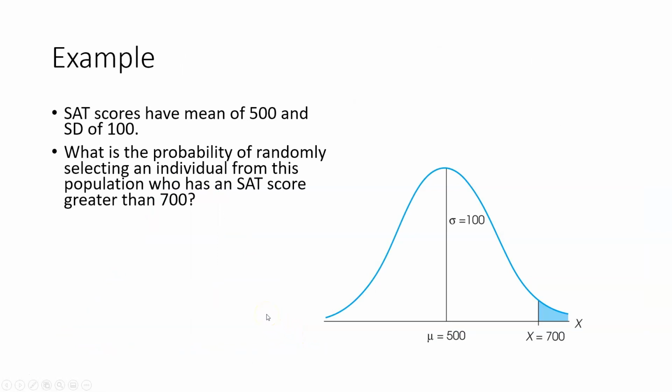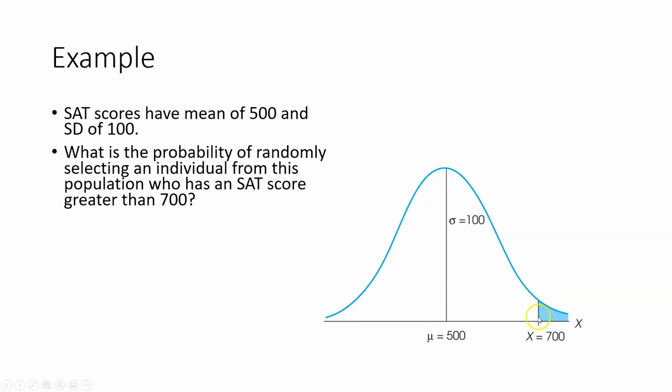Let's go through an example of how this might be used. SAT scores have a mean of 500 and a standard deviation of 100. We might ask, what is the probability of randomly selecting an individual from all the folks who've taken the SAT, from the population, who has an SAT score greater than 700?